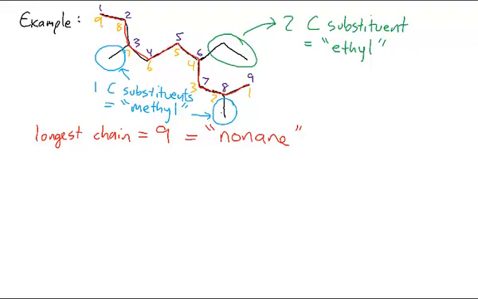So I need to choose the direction that gives me the lowest number for the first substituent. Is that going to be purple or orange? Orange. If I go with the orange numbers, the first substituent's on carbon 2. With the purple numbers, the first substituent would be on carbon 3.